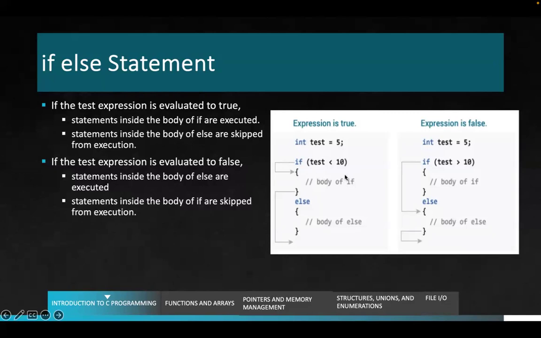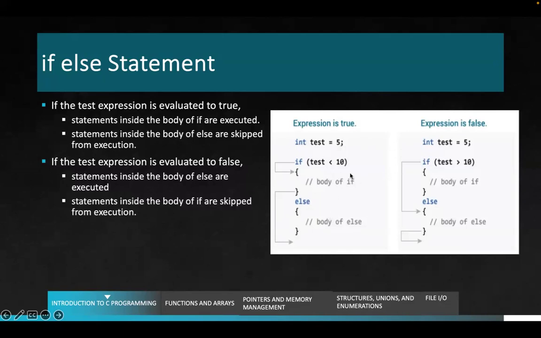If the expression is evaluated to false, then the statements inside the body of else will be executed. Both if and else cannot execute at the same time. Either the statements present inside the body of if will execute, or the statements inside the else will get executed. Both cannot execute at the same time.